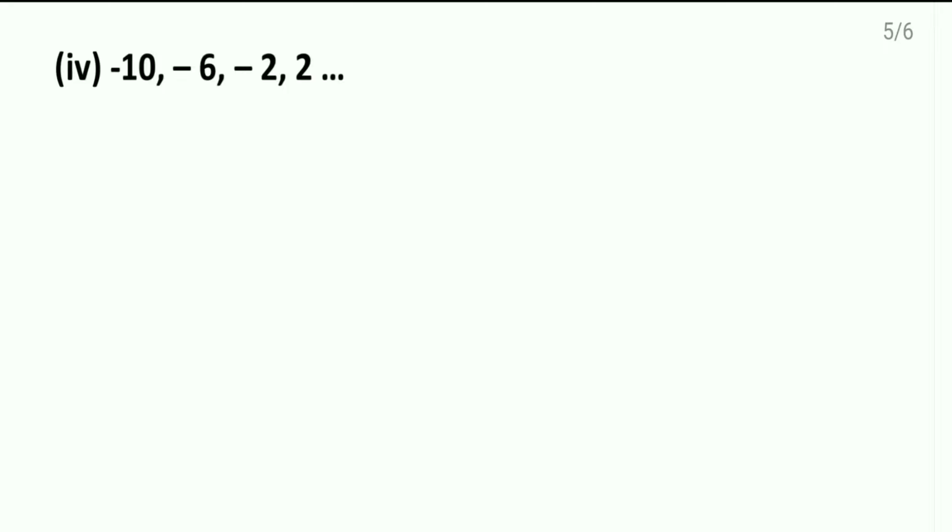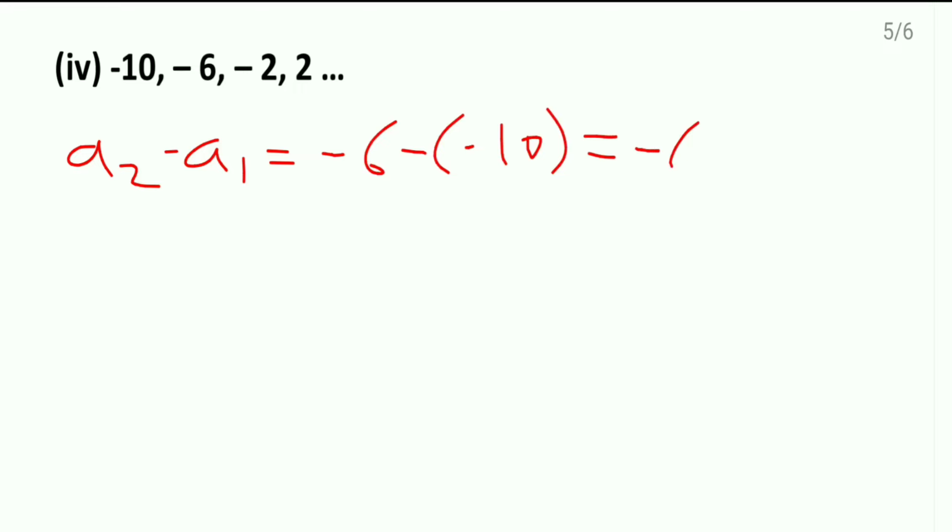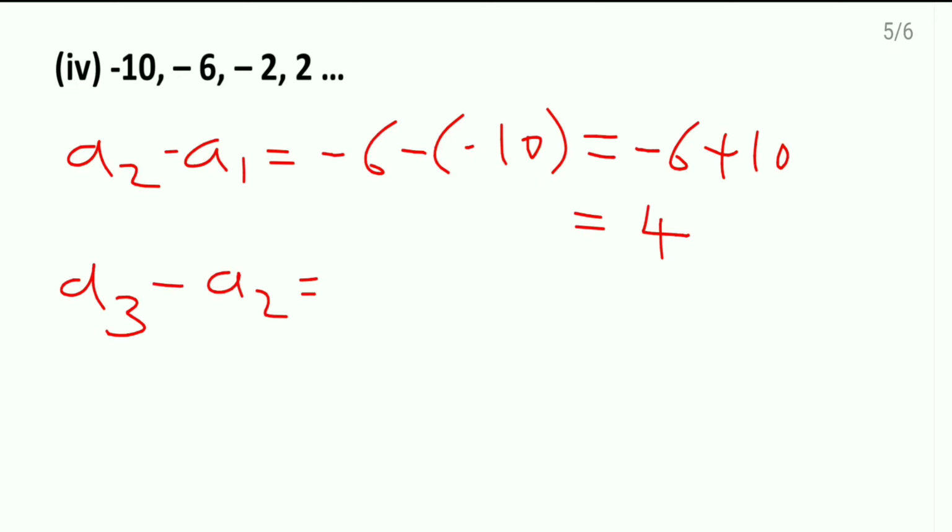Come to the next one here. A2 minus A1: minus 6 minus minus 10. Right. So minus 6 plus 10 is nothing but 4. Now A3 minus A2.